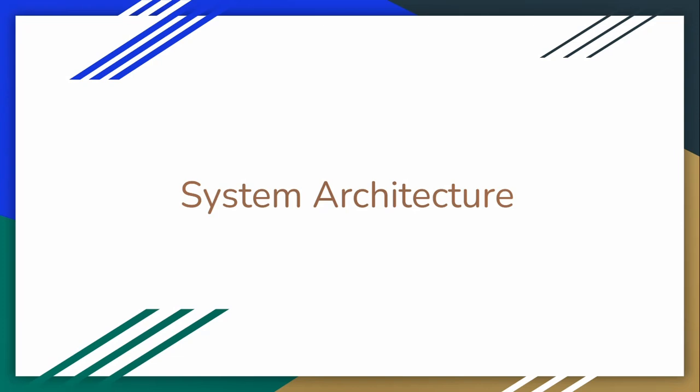Once you prepare the application, it is our responsibility, based on our application requirement and need, to identify what type of architecture is suitable. To decide that, you need to understand what system architecture is, how many types we have, and which one is suitable in which area. That we are going to cover in this video.